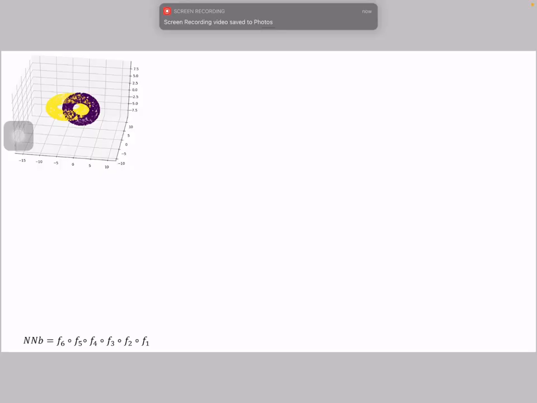So let's see and study an example that illustrates the relationship between knotting, linking, and neural networks. Here in this example, I'm considering a data set of two tori that are linked together. And I'm acting on it by a neural network that consists of 6 layers. So I'm going to show you the action of this neural network after training on this data set.